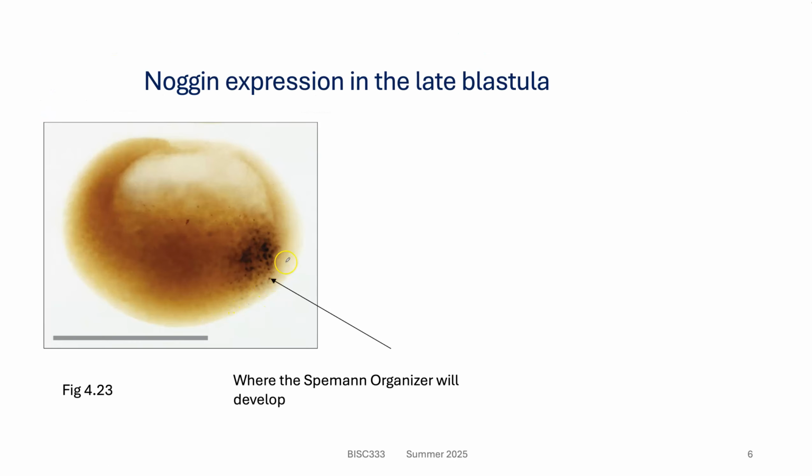Okay, so this is noggin expression, the little dark grains in here. And it turns out that it's exactly where the Spemann organizer is going to develop.